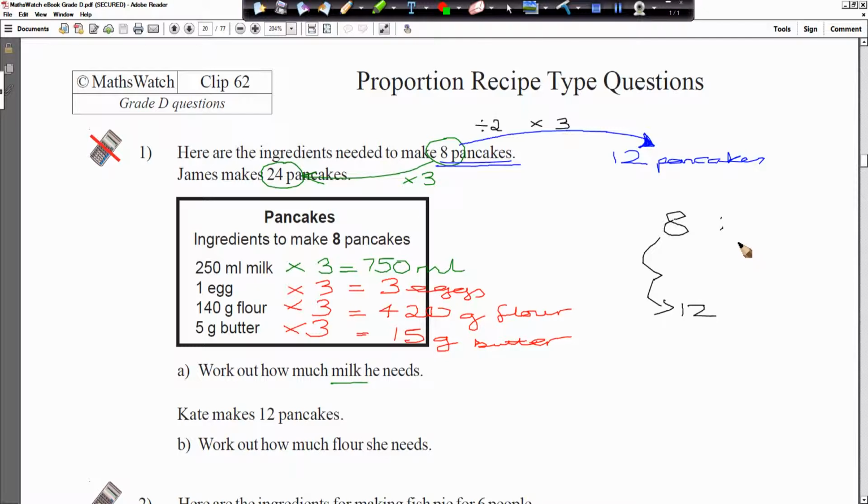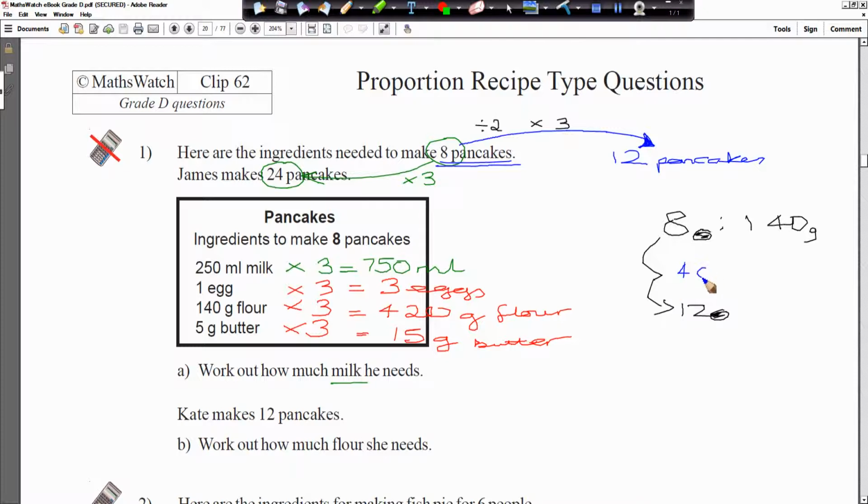It wants to know how much flour for 12 pancakes, and the flour originally was 140 grams. So we've got 8 pancakes, 140 grams worth of flour. I want to get to 12 pancakes. From 8 we go to 4, because 8 won't go directly to 12 unless you multiply by 1.5.